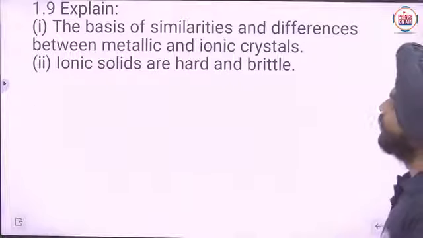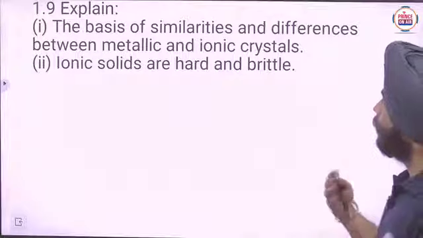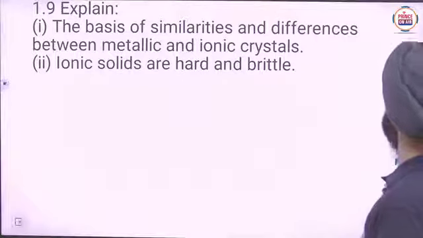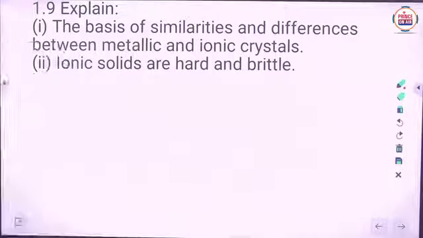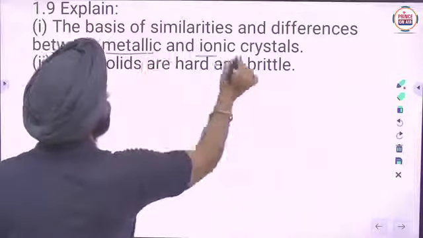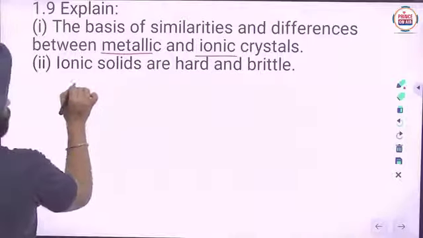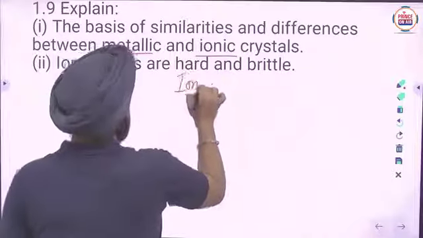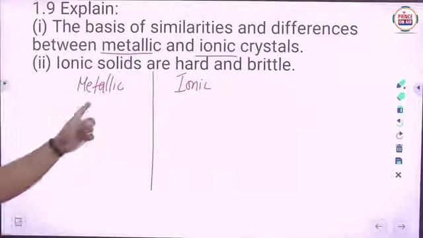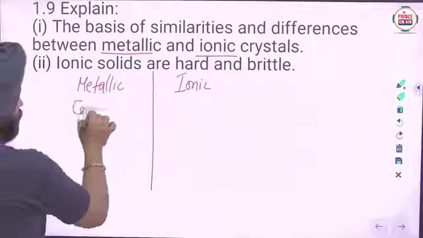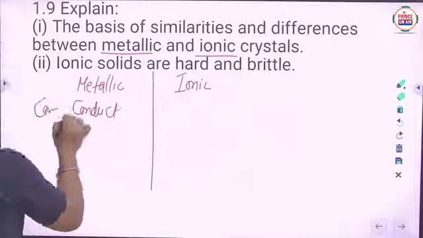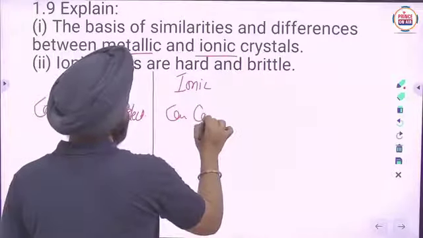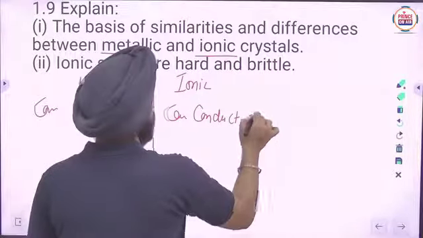Next is, explain the similarities and differences between metallic and ionic solids. Firstly we will discuss the similarities. Metallic and ionic solids can conduct electricity.